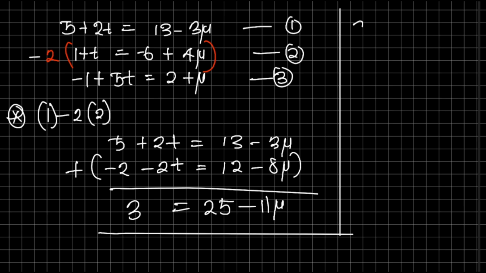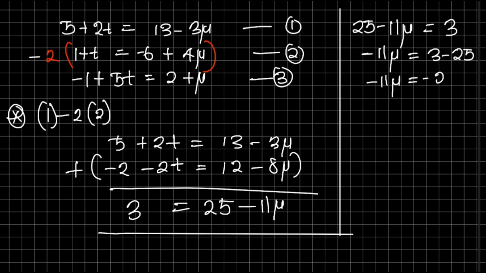So minus 11 mu equals 3 minus 25, so minus 11 mu equals minus 22. Dividing both sides by minus 11, mu equals 2.